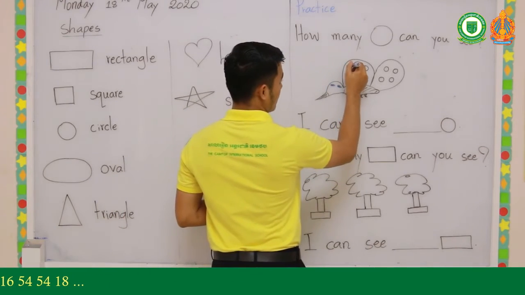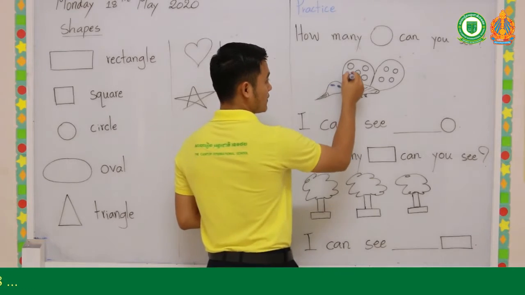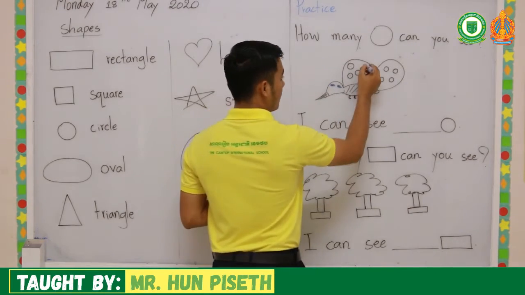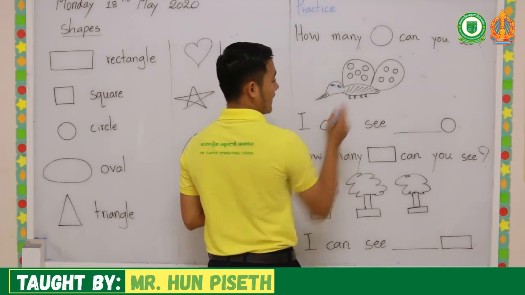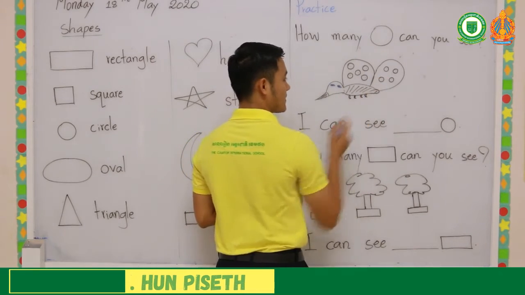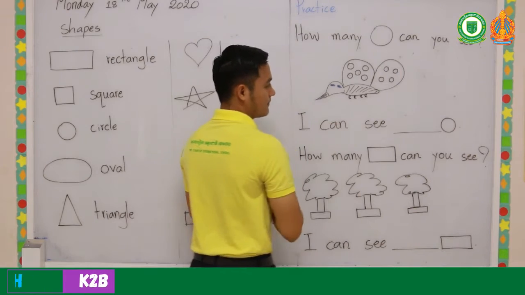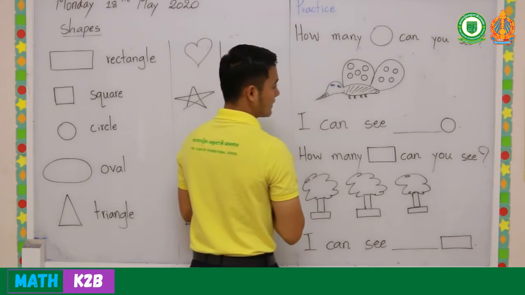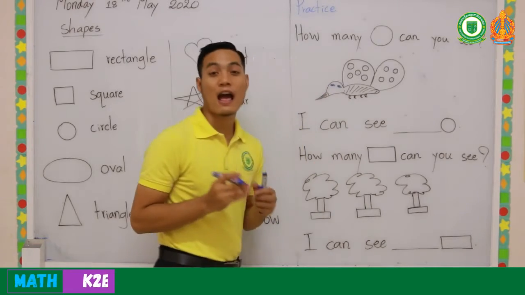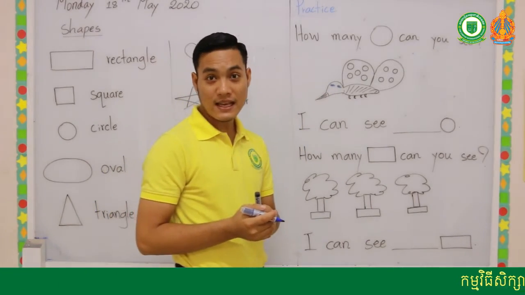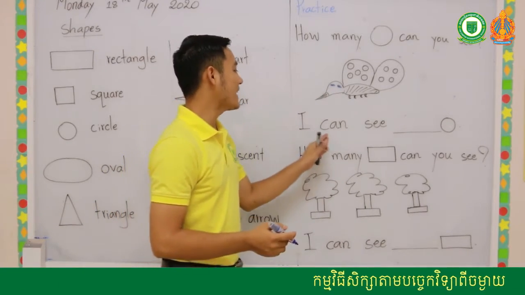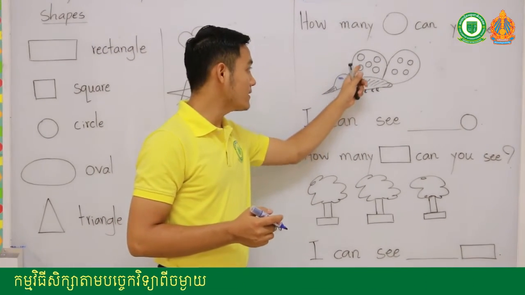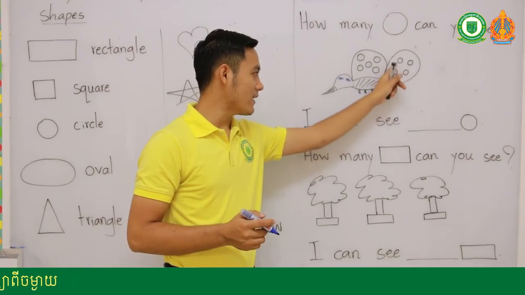Okay, so this is one circle, two circles, 3, 4, 5, 6, 7, 8, 9. Okay, 9. So how many circles can you see? The answer is I can see 1, 2, 3, 4, 5, 6, 7, 8, 9.